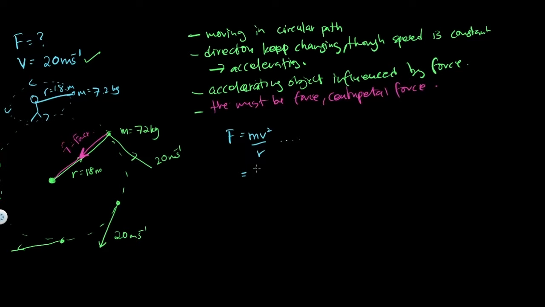So we have mass, which is equal to 7.2 kilogram, v square, so it is 20 meter per second squared, divided by the radius. The radius is equal to 1.8 meter. So what do we get here?